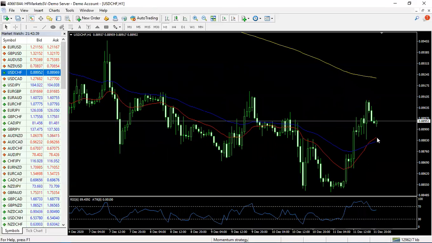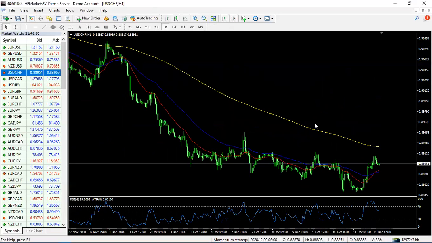USD CHF. You have this cross, but the market has been a bit messy. You can see this violation, then this. I'm not really comfortable with taking this position, but we could go for a long position from this point to around the 200 EMA.